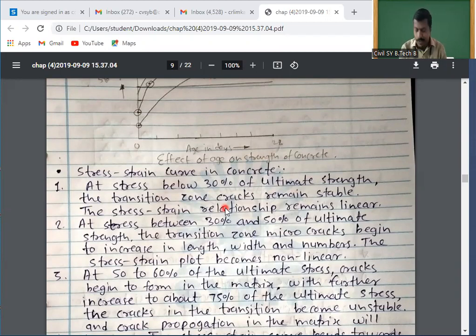Then what is ultimate load? What is the yield load? Two definitions you have to give the answer for. What is yield load and what is ultimate load?